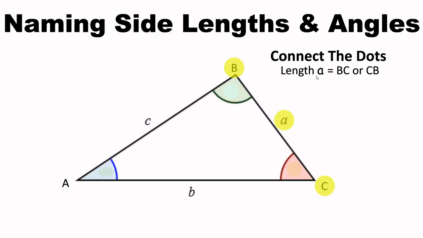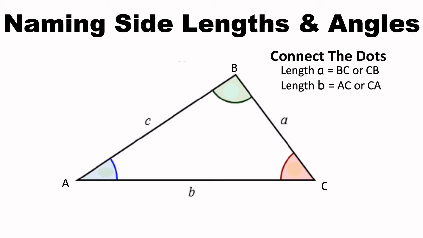However, when we get into vectors, it does matter whether we're starting at B and going towards C or starting at C and going towards B. But again, a length is just a distance. It doesn't have a direction. Now, having seen that example, I'm sure you could guess at the two-letter name for side lengths b and c.